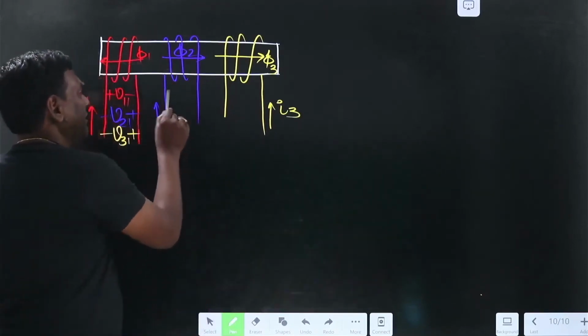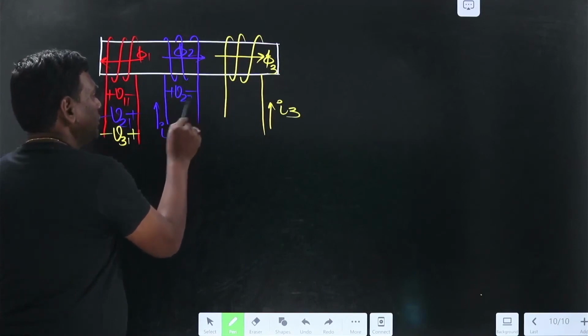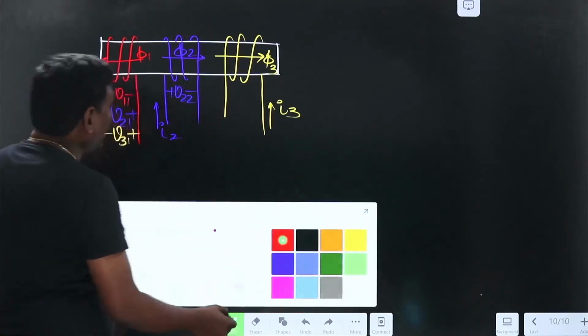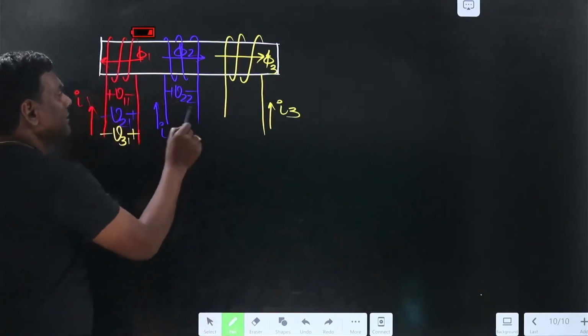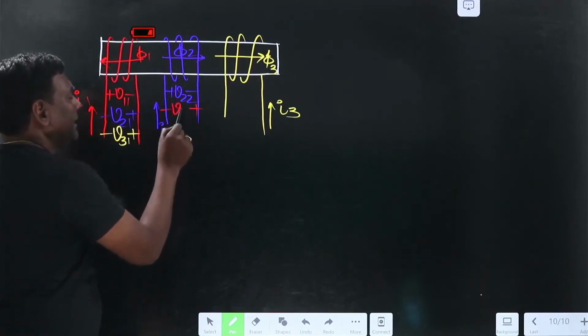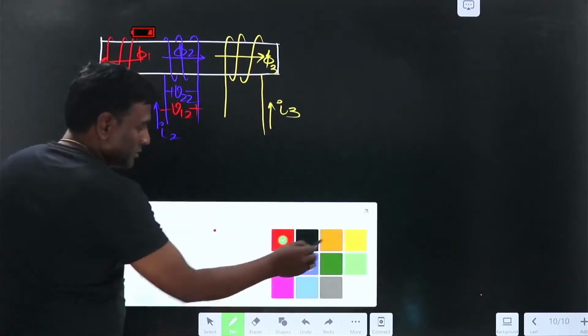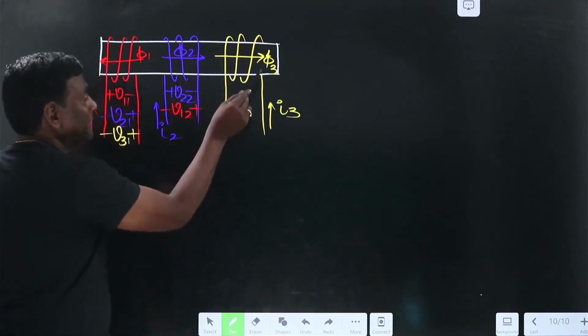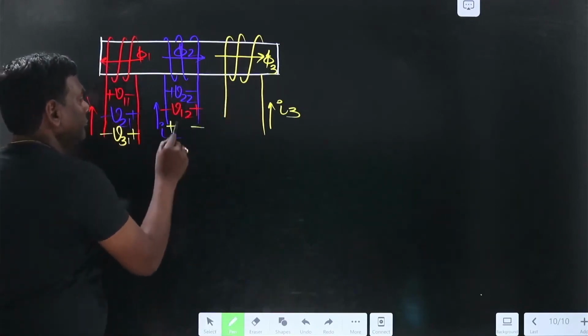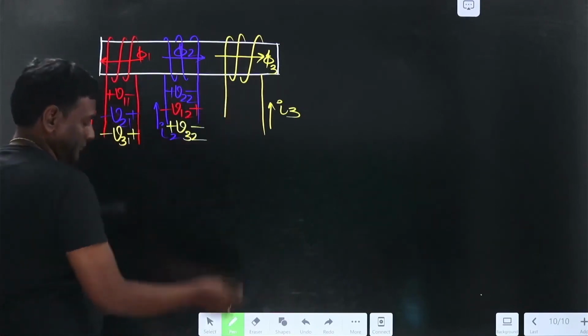This is because of self, plus minus V22, and because of red they are in opposite direction, so plus minus V because of 1 in 2; because of yellow both are in the same direction, so V because of 3 in 2.